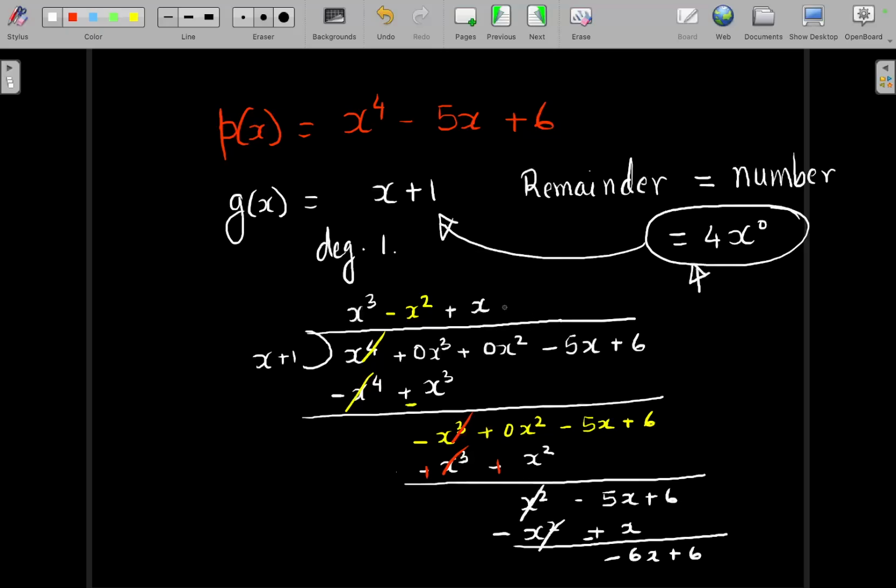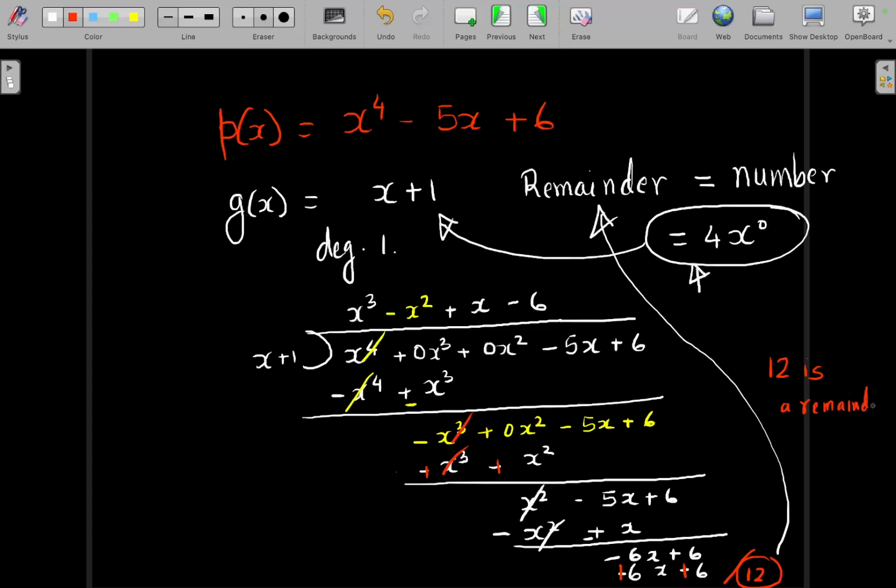So this time I'll put a minus 6, and so I get a minus 6x minus 6, and now this time I put a plus sign and a plus sign, and finally end up with 12. And notice that 12 is a number of degree 0, and therefore this is the correct remainder. So in this particular example, 12 is a remainder.